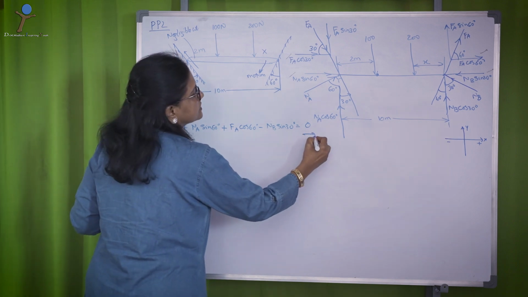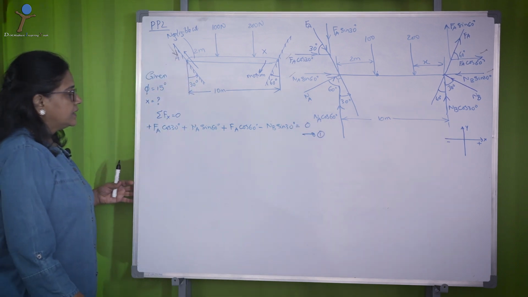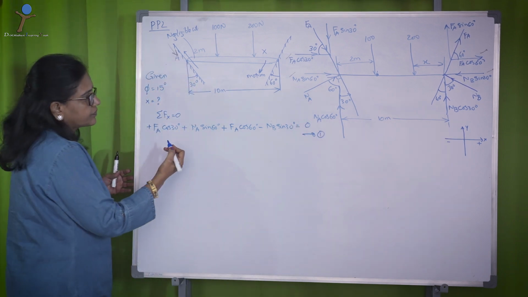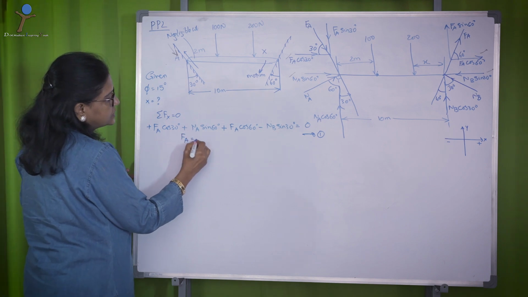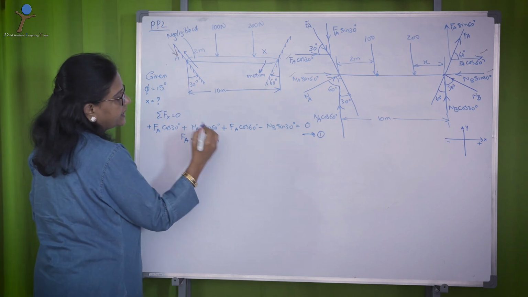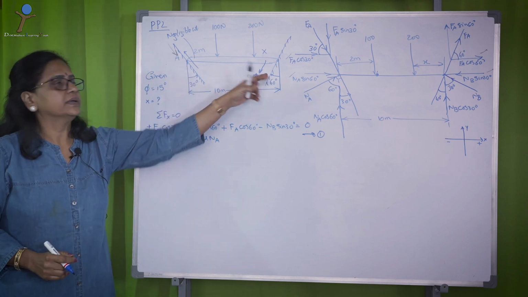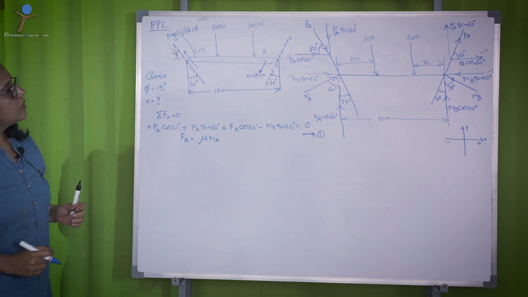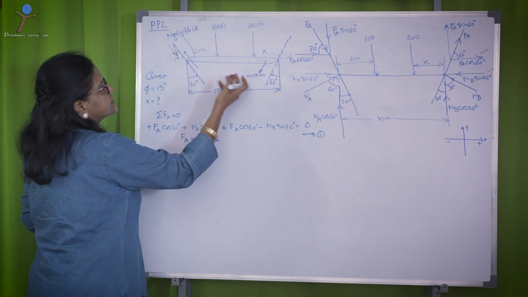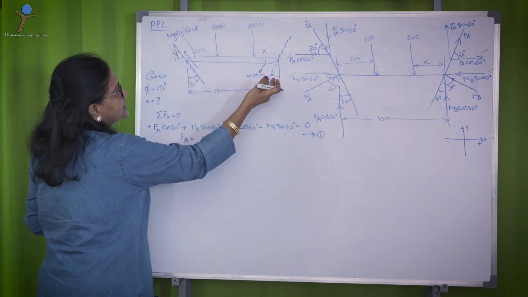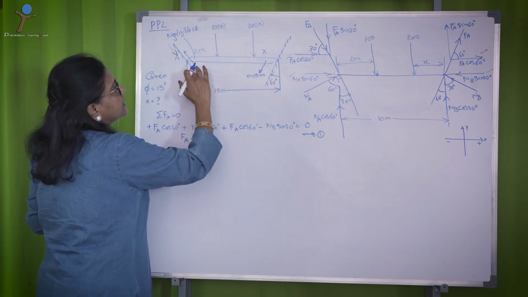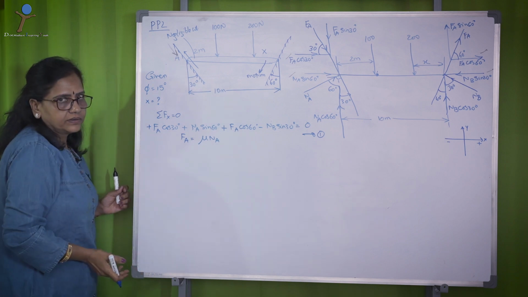Call this equation 1. Here FA is equal to mu into NA. Mu happens to be the same here and here. If there are two different surfaces, like one is metal surface, the other one is earth ground, then mu values would be different.